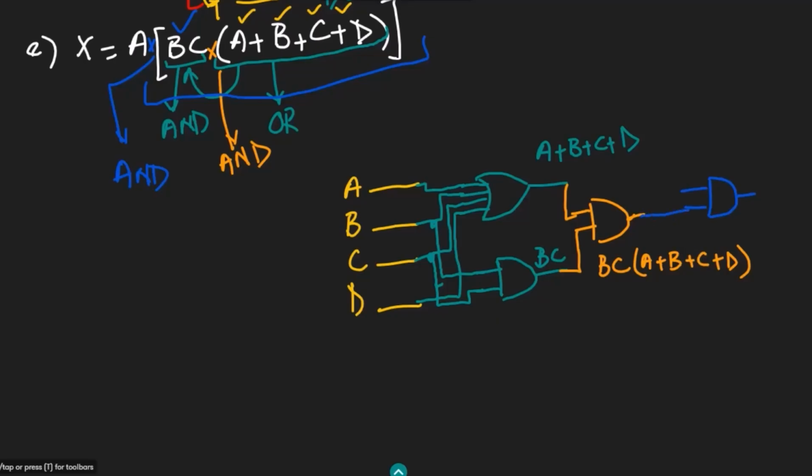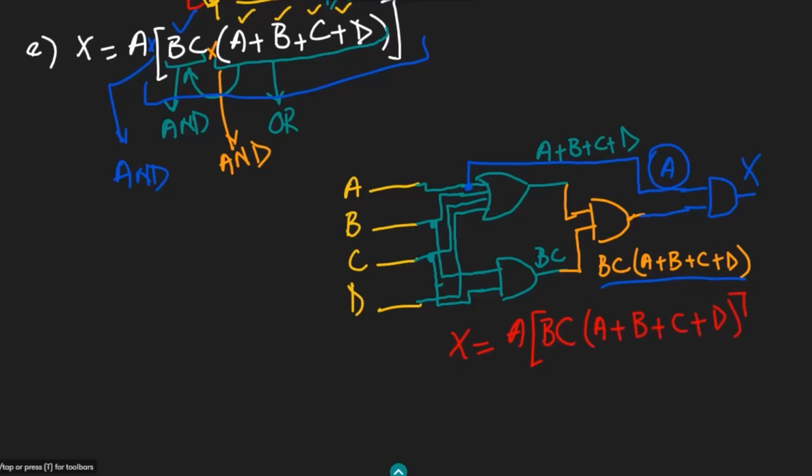The first input will be here, while the second input, which is A, is here, and the output of it will be X. X will be the product of this and this, so X will be A multiplied by BC multiplied by (A plus B plus C plus D). That is the output which I wanted to find out here.